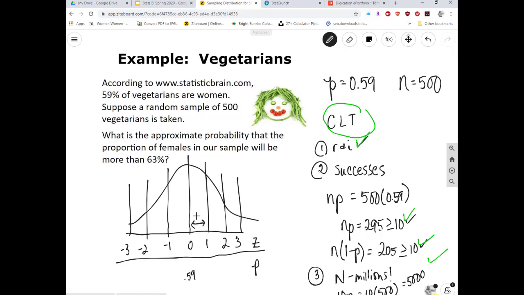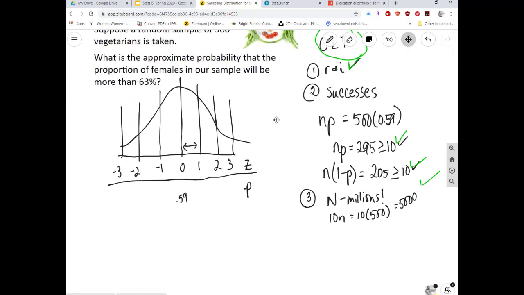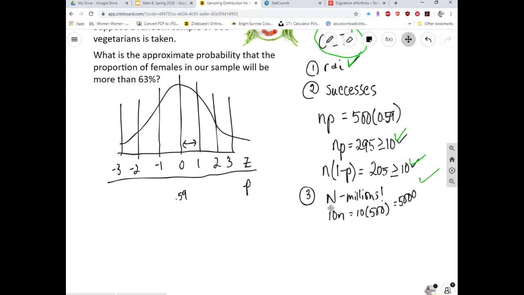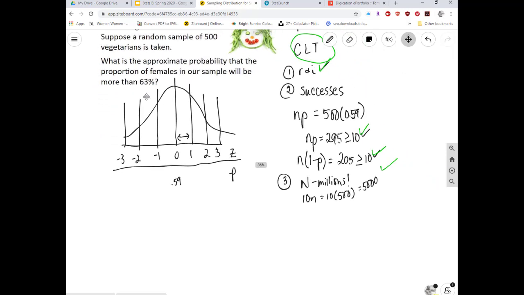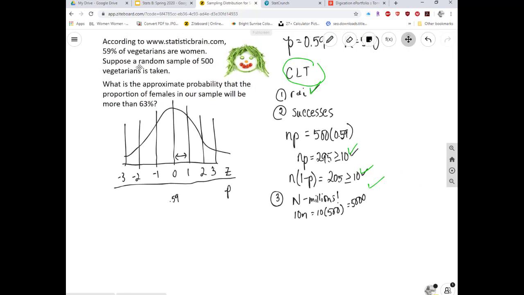Let me scooch this up a little bit. Since I'm working with proportions here, with the population proportion, or what they believe the population proportion to be, 0.59, I can figure out my standard error by using this formula.